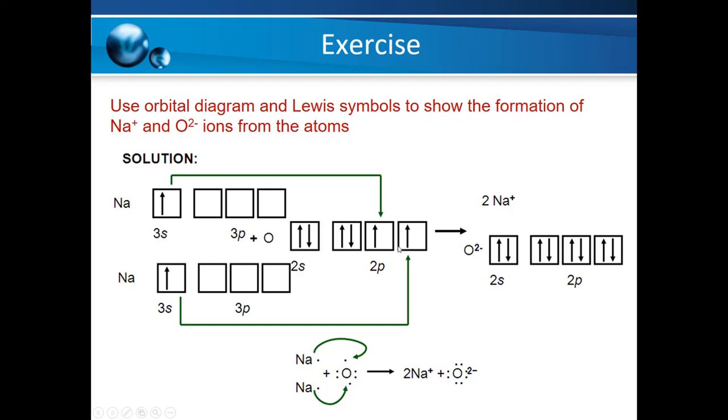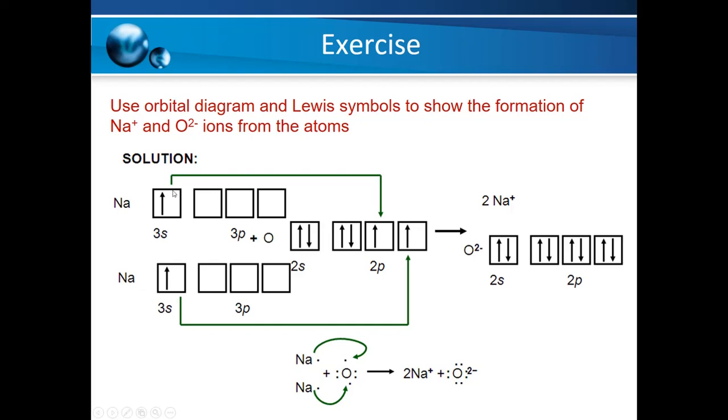So what happened here is that O2 accepts 2. For the formation of sodium, you have two atoms of sodium.